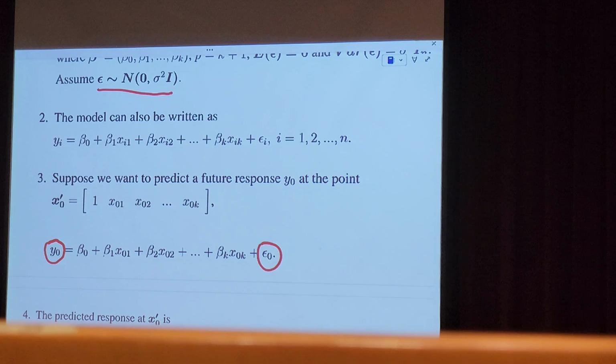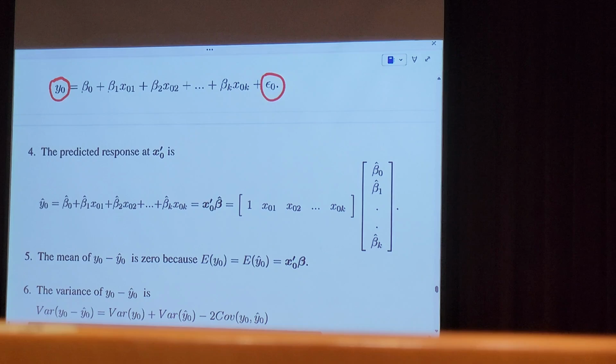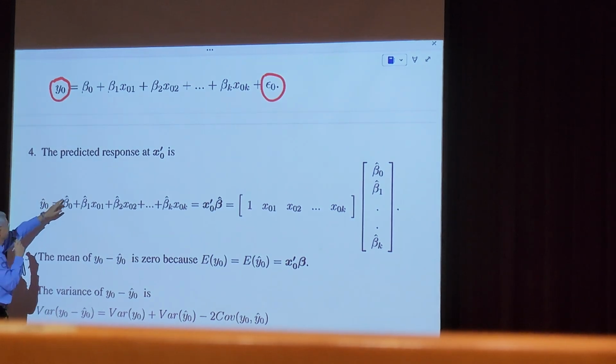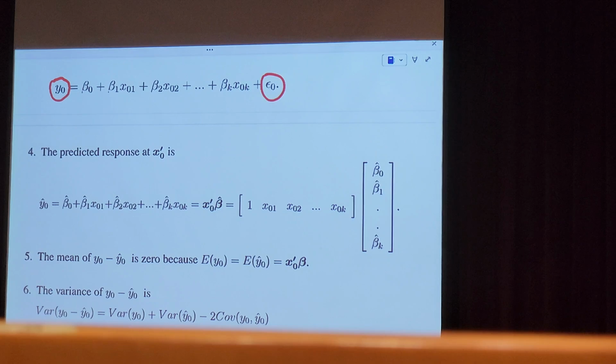We're trying to predict a future observation. So, how do we predict? Well, if you have fitted an equation, all you have to do is to plug it into your multiple linear equation, and you can predict it using the fitted value.